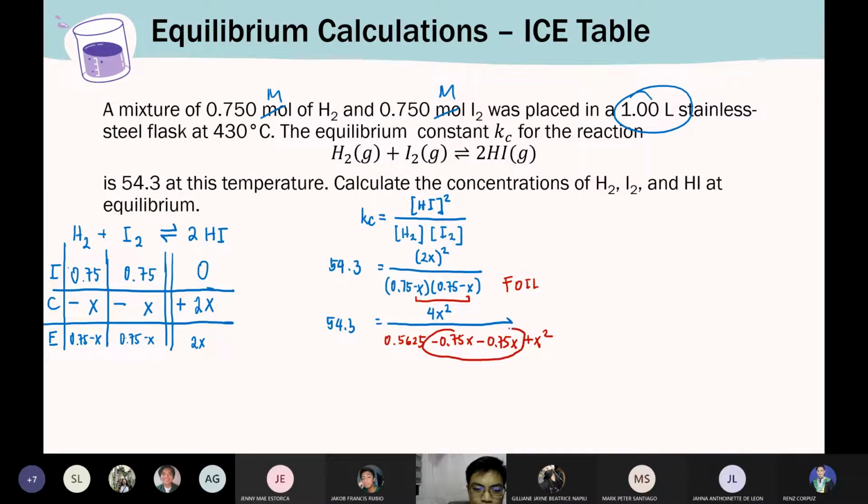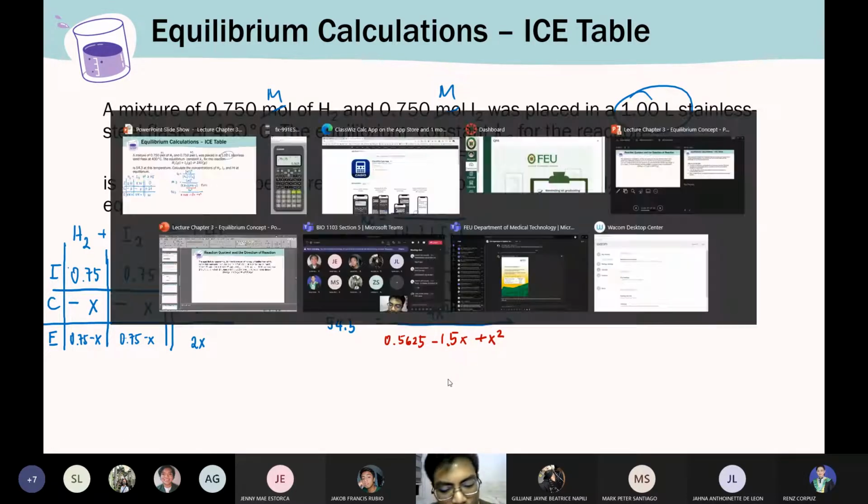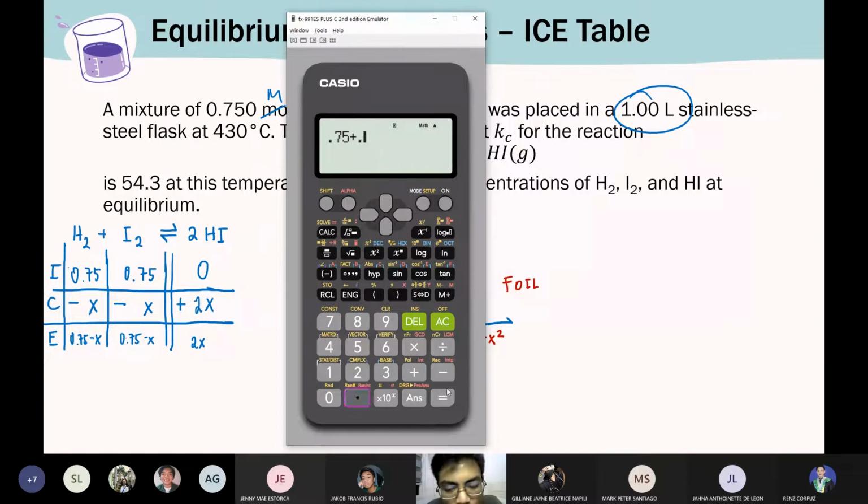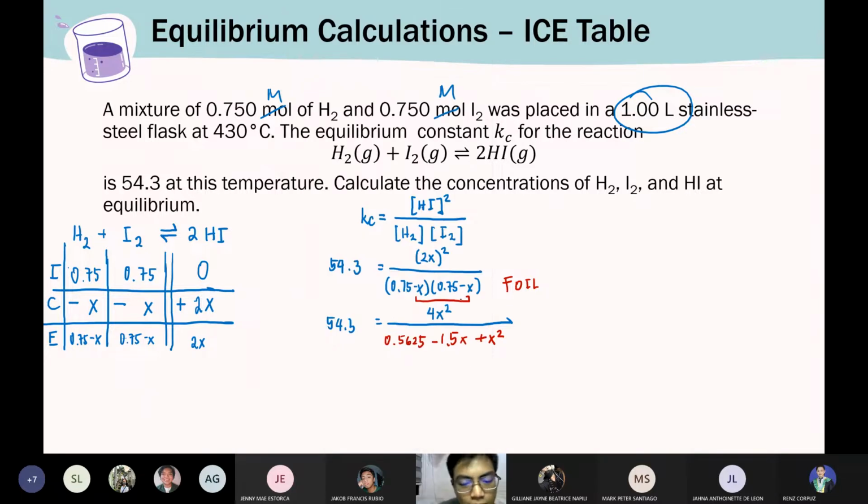Yan. Parehas kasi silang x. So, pwede mo pagsamahin yan. 0.75 plus 0.75. 1.5. Okay? So, that will be negative 1.5x. Ba't ko pinagsama? Kasi parehas lang sila ng x. Okay? I can just simply add their coefficients. Bakit po 1.5? Kasi nga, 0.75 plus 0.75, 1.5. Okay? Negative nga lang.